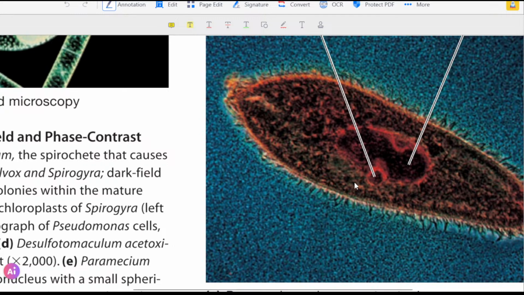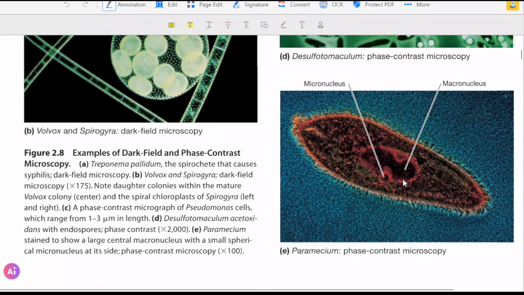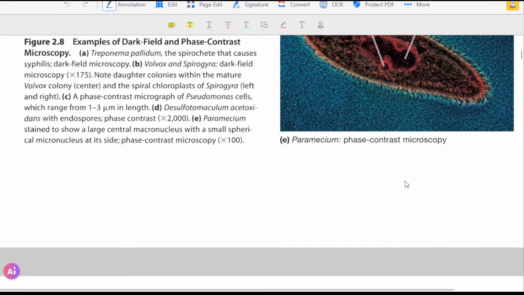In this diagram, it is denser and deviation occurred, so it looks darker. But in this case, the density is even higher than the cell, like the micronucleus and the macronucleus, so it becomes even darker and we can see it more clearly. So in the phase contrast microscope, the higher the density, the darker it looks.